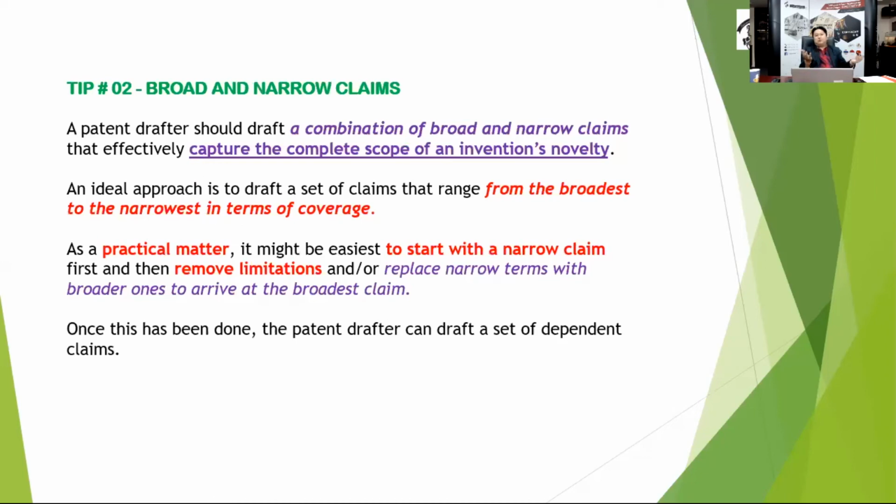Now, tip number 2, broad and narrow claims. There's no law saying that you must draft only a broad claim or only a narrow claim. It's like your steering wheel when you're driving a vehicle: you need to know when to accelerate and when to stop, and when to turn to the left or right using your steering wheel.